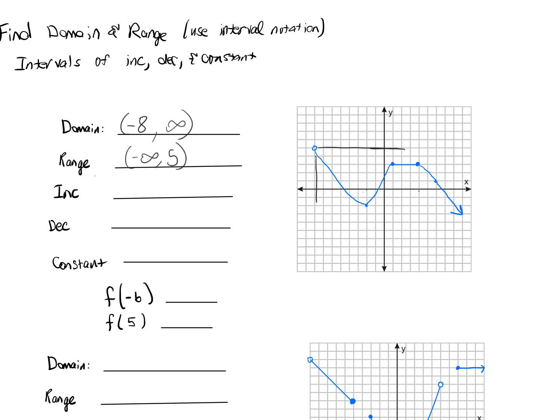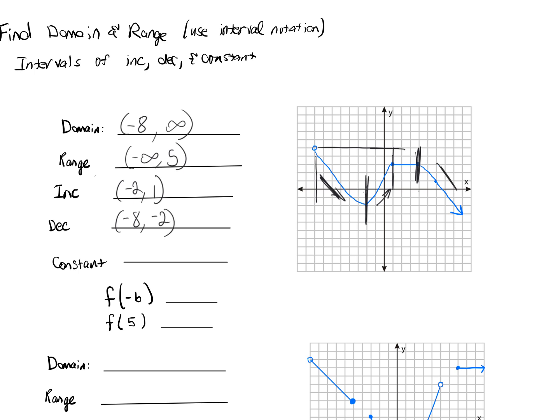So we can break the graph up into this segment right here, this segment right here, and then the remainder segment. So for the increasing, we only have 1, which is this one. So it's going to be from -2 to 1. We have decreasing, which is this one right here. So we're going to have from -8 up to -2.